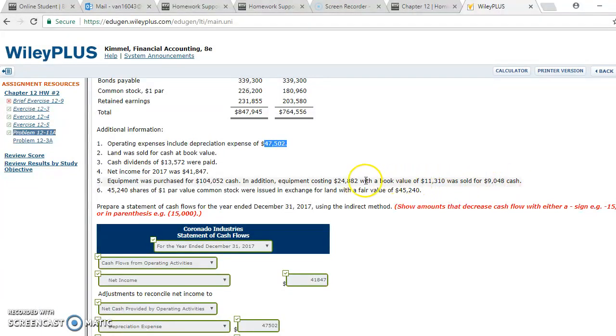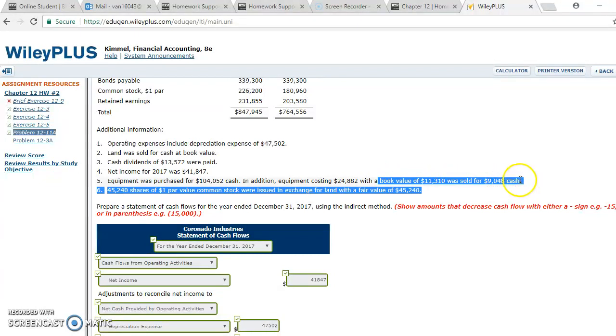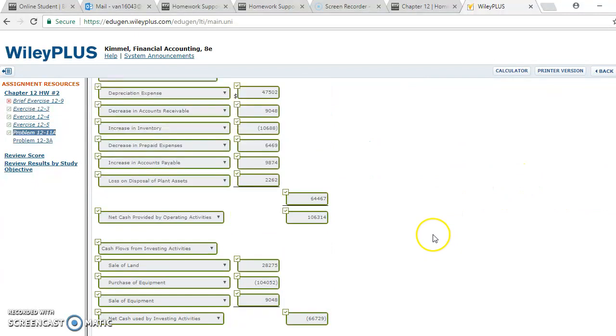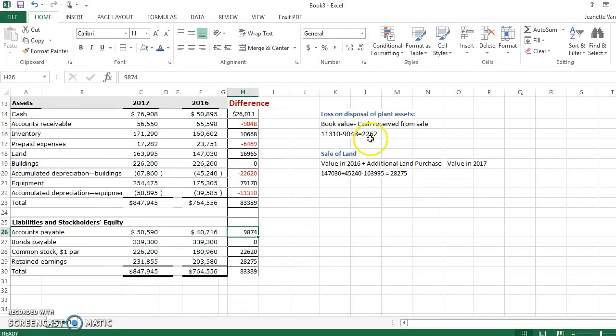So what we are looking for here is the difference between book value and what we actually received in cash, and that is going to give us the loss on disposal of assets. I worked that out over here so it's easy for you to see. Loss on disposal of assets is your book value minus the cash received from the sale. That's going to give us the loss that the company is going to take on those assets. So that's $2,262.